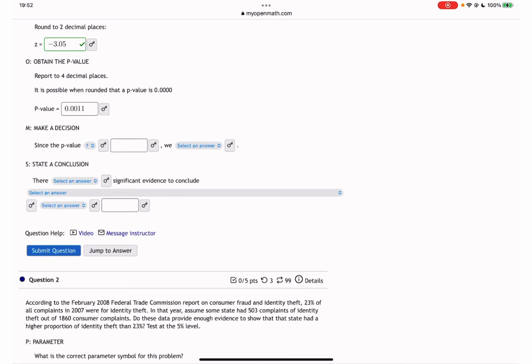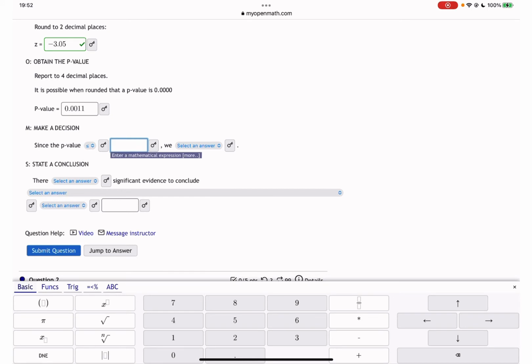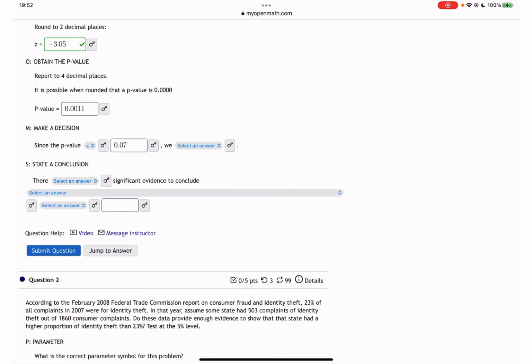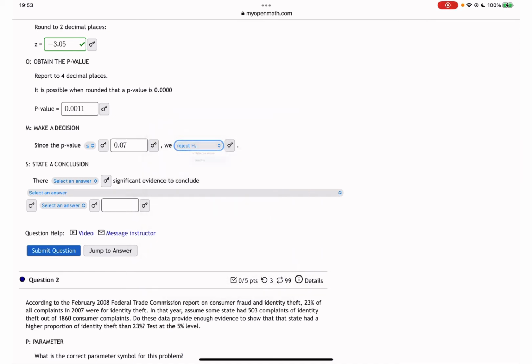Since the p-value is less than... okay, there is no less, but there is less or equal, so we use less or equal. Our 0.07, right? We reject the null hypothesis when our p-value is less than the given percentage for the test. This is also in the lecture, so you can read and understand.